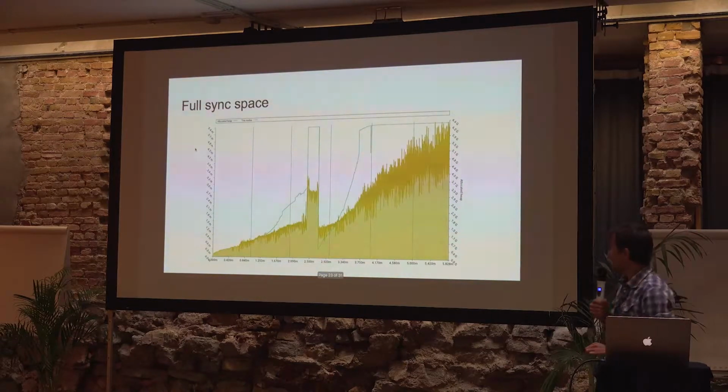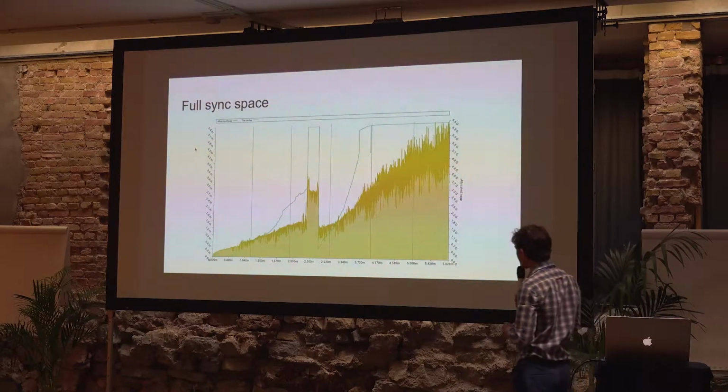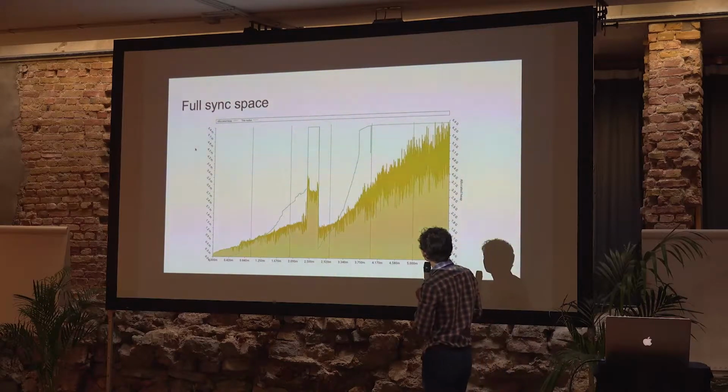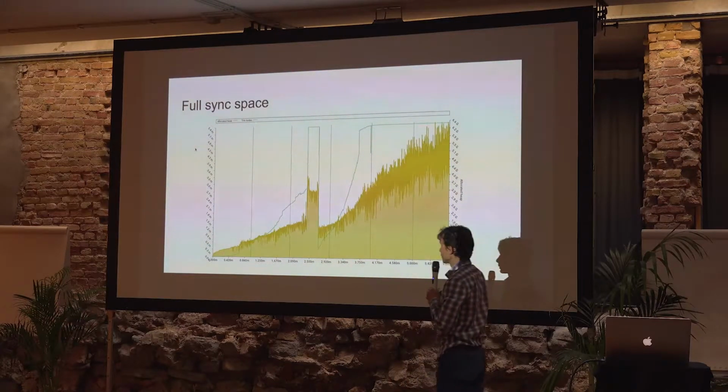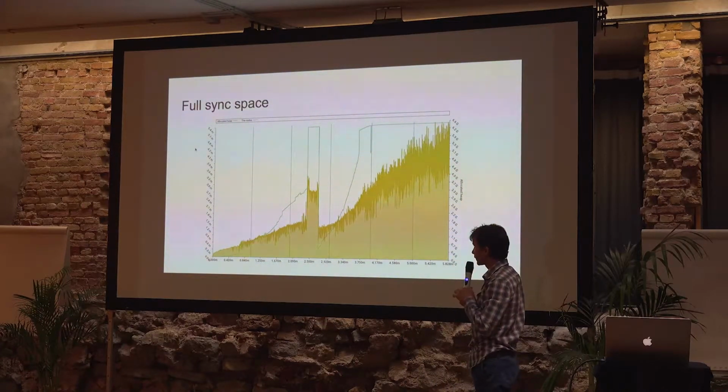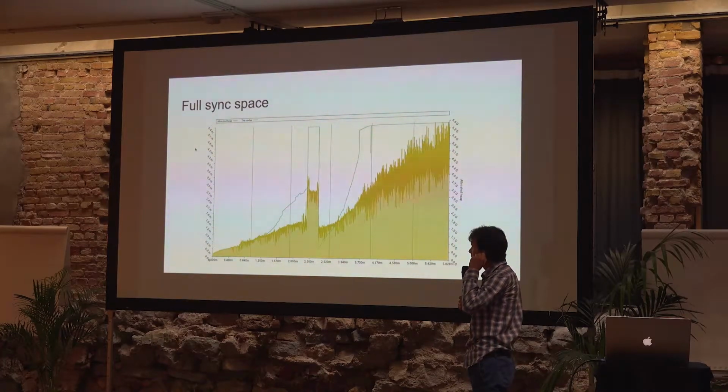Now let's look at the memory. The yellow bits are the heap. The green bits are the number of Patricia tree nodes. And here is another thing I've done differently. In Geth, currently there is no way to restrict how many Patricia tree nodes there are in memory.